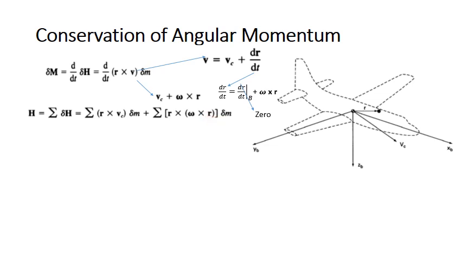This is by substitution, since v is equal to Vc plus omega cross r, and r is crossed by Vc and r is crossed by omega cross r, and delta m is multiplied by both expressions.